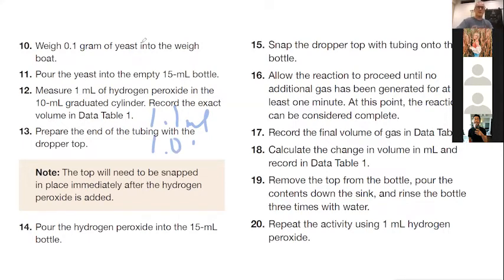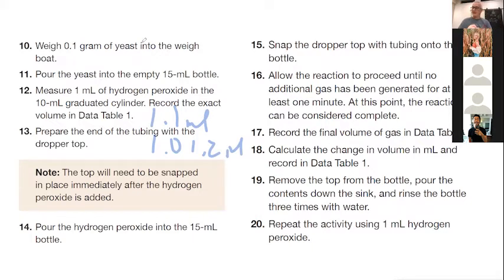If it's 1.2, record that. Make sure you get it precise. Precision is more important than accuracy here. If it's not exactly 1 mil, that's fine. If it's 0.9 mils, that's fine. But make sure you precisely measure the volume, because we're going to convert that volume eventually to moles and then relate it to the volume.